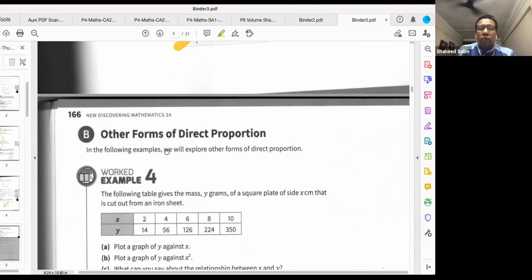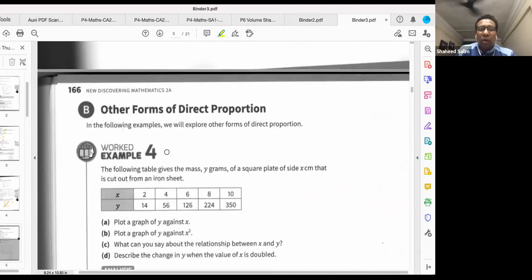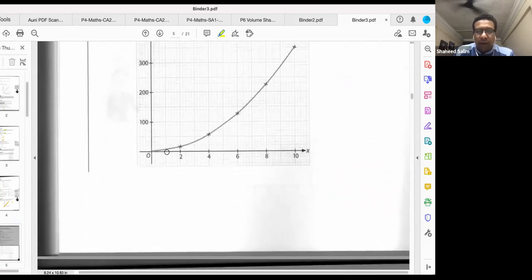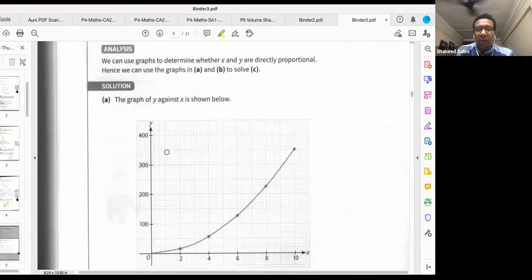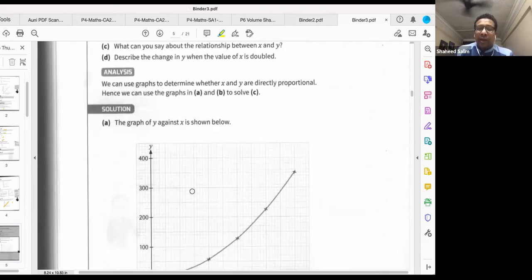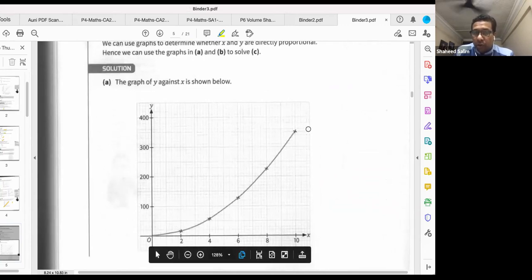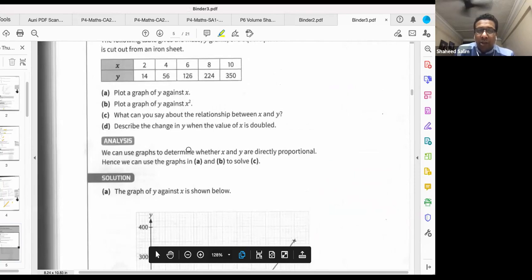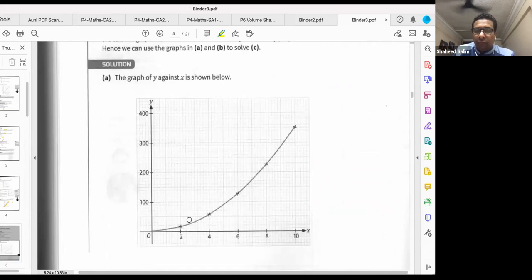So there's other forms of direct proportion. Okay, we are not going to do this one because we don't have the graph. But this is now directly proportional. Okay, because there's x squared, no x. So that's why it can be a curve. I just want you to take note now. When the proportion now is with the x square, the graph starts to curve.